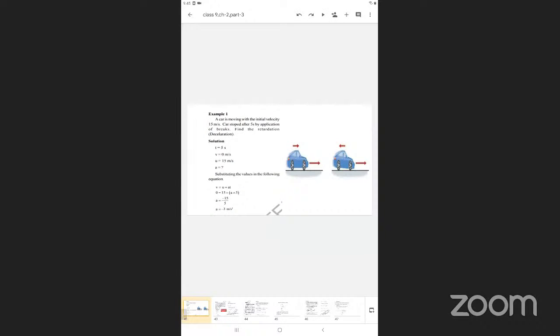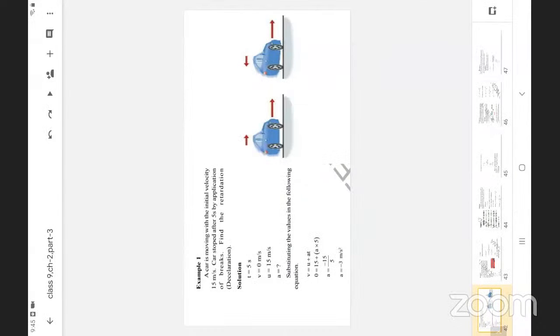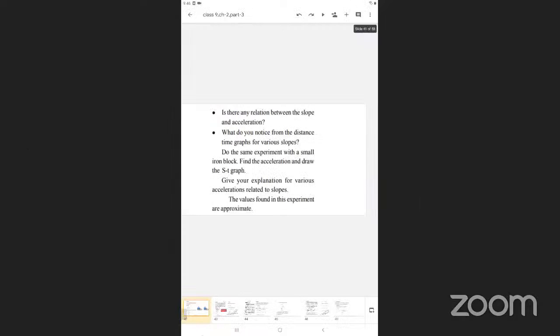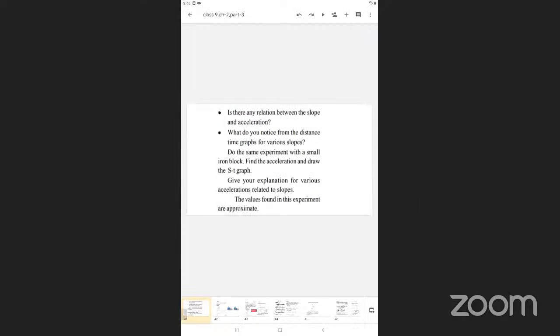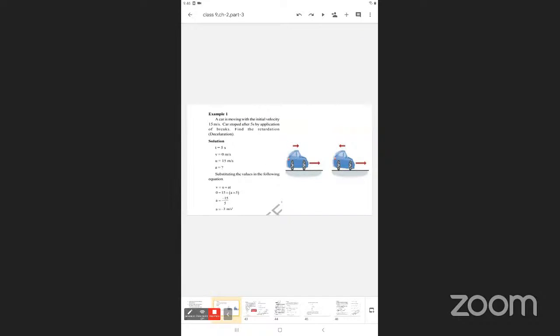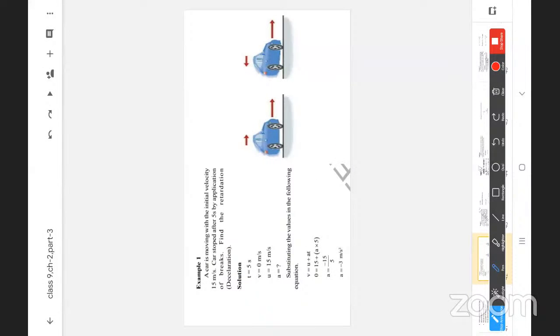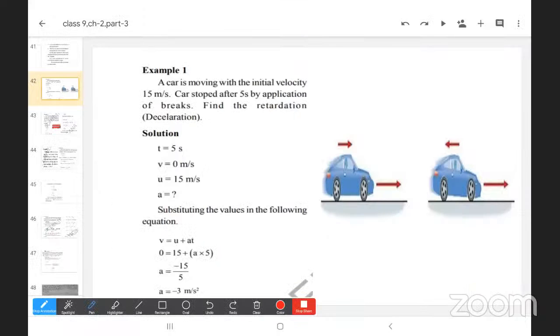So here, the first example. After the lab activity, we have some problems here based on uniform accelerated motion. Look at question 1.